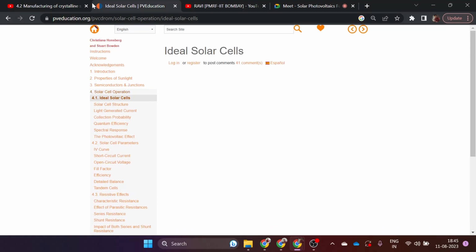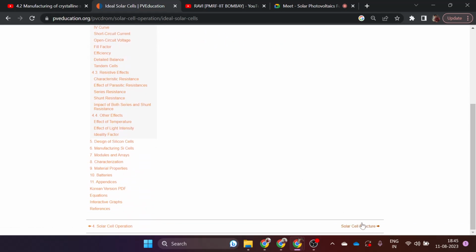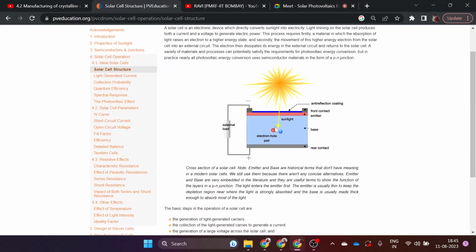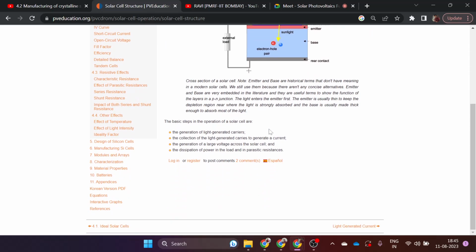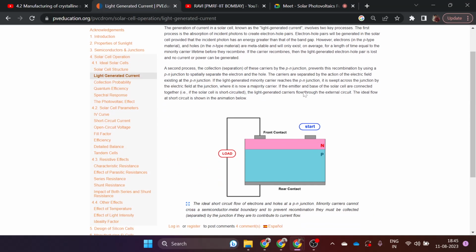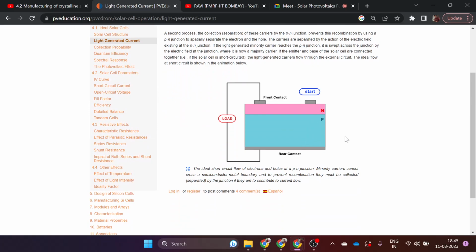So this is the platform pveducation.org and it has all the information about photovoltaic technology. So I'm just jumping directly to solar cell operation. We will see some interesting animations. So this is our solar cell. See, this is a solar cell without any light.